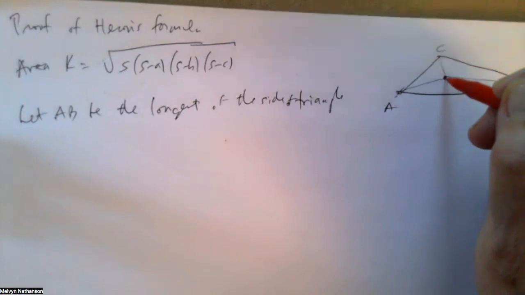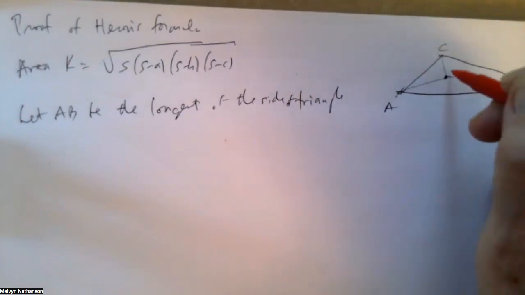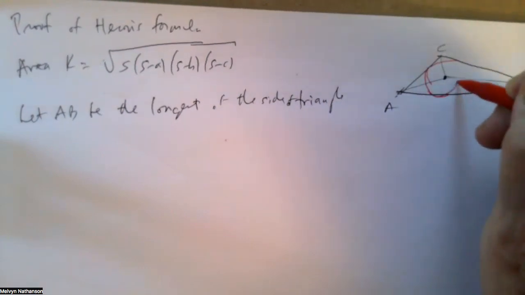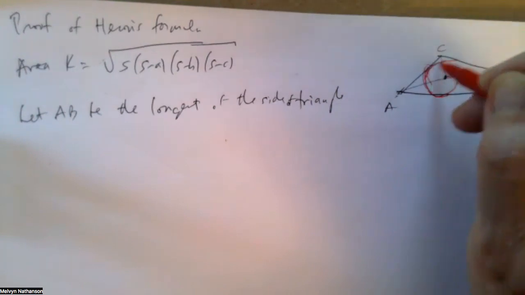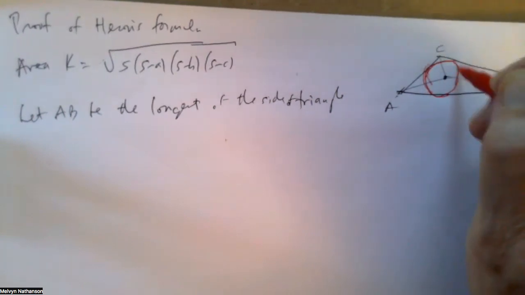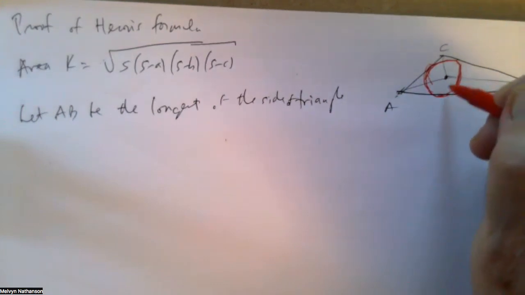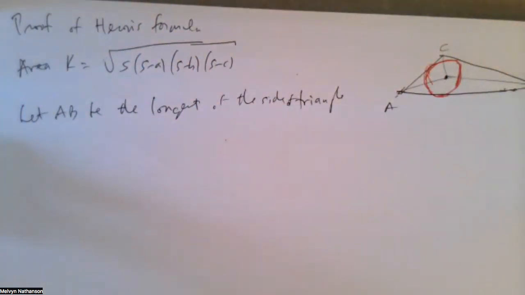This point is equidistant to the three sides, and you can inscribe a circle in the triangle, which is tangent to all three sides of the triangle.